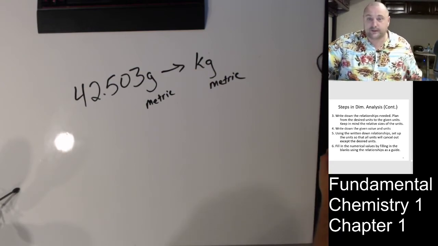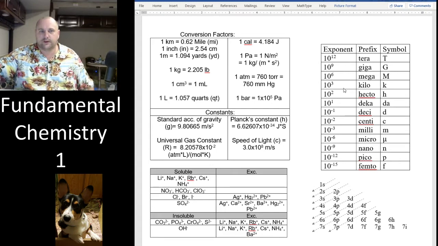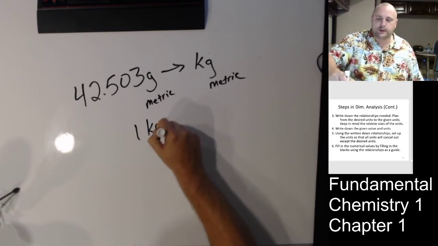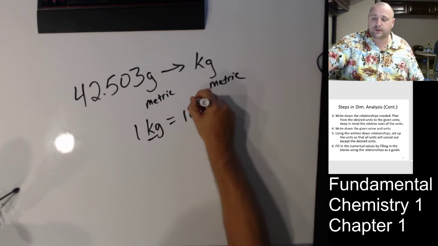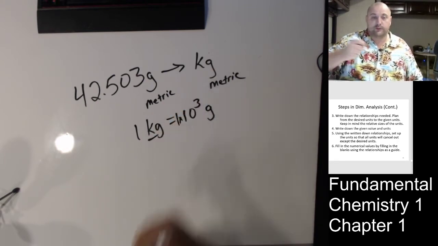So where do I find this information? Well, I'm going to come over here and find the K. The K is right here, kilo, and it's 10 to the third. And so when I write this down, I'm going to write 1 kg, and I'm going to replace this K with 10 to the third g. The 1 is still there, we just don't normally write it.